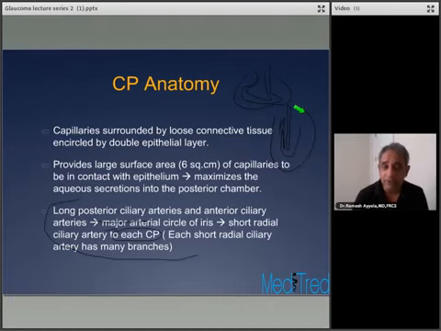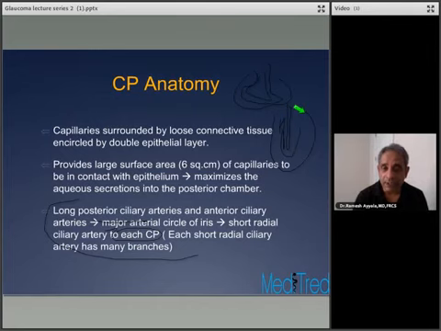Now, the posterior chamber, as you know, is a very tiny place, and you need to have all of this aqueous being produced 24/7. For that to happen, you need to have this rich network of capillaries. The capillaries need to have a continuous circulation of blood going through them, and that's the reason why these capillaries are bigger than the regular size capillaries.